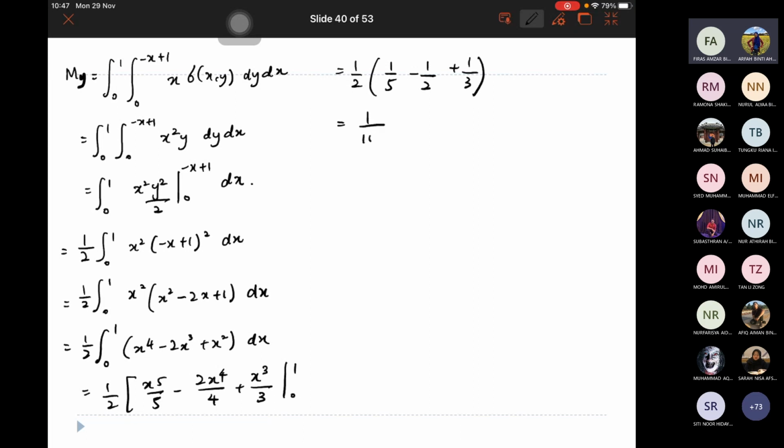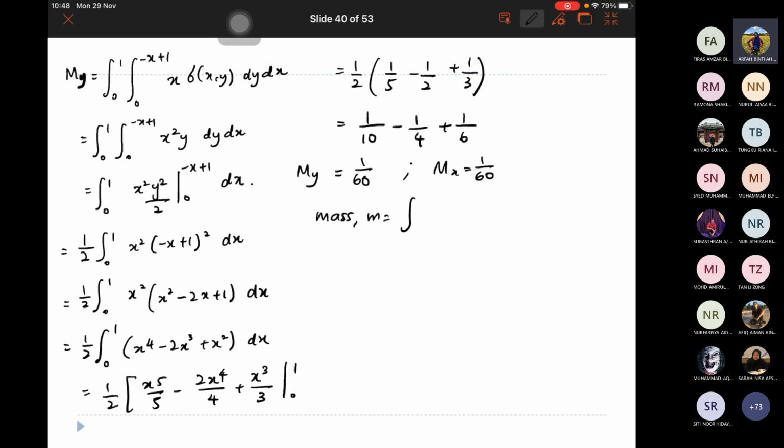Laparnya saya. 1/10 tolak 1/4 tambah 1/6. Ha. So dapat 1/60. Okay. So ini adalah MY. Tadi kita dah kira MX sama dengan 1/60. Then dapatkan dia punya mass.